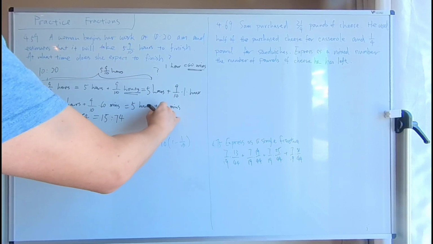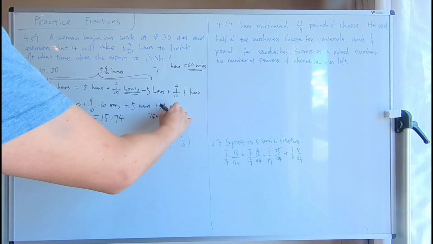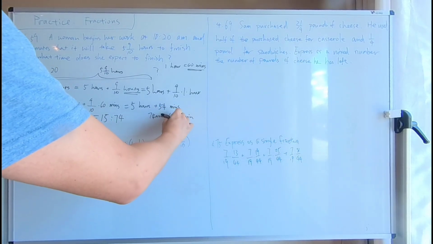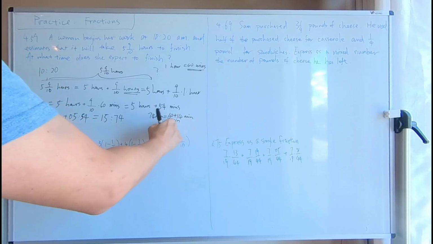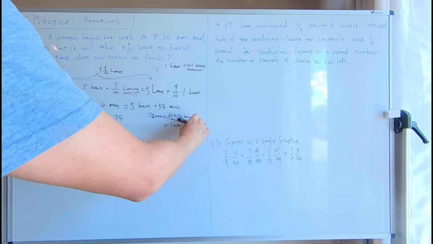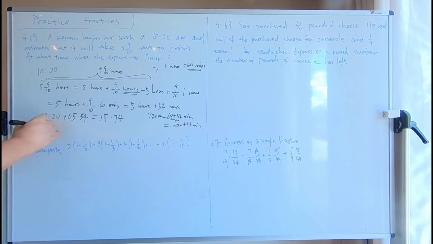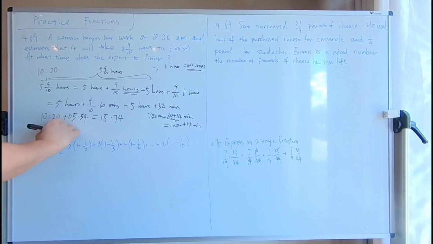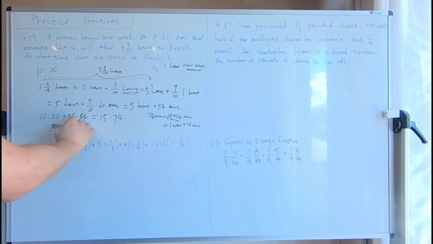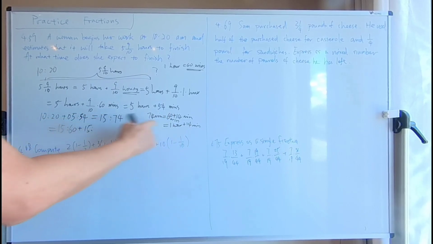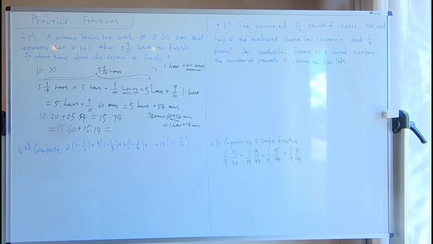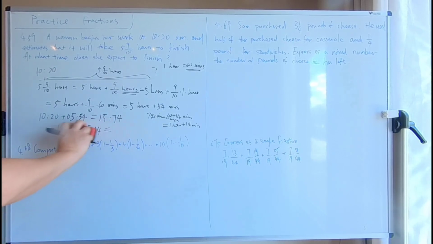So 74 minutes can be further written as 60 plus 14 minutes, then 60 minutes is 1 hour plus 14 minutes, right? I probably shouldn't write it this way.